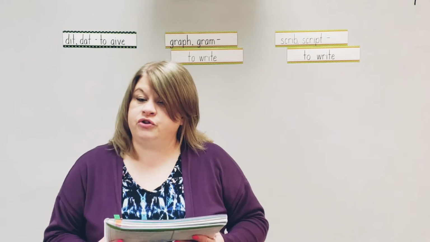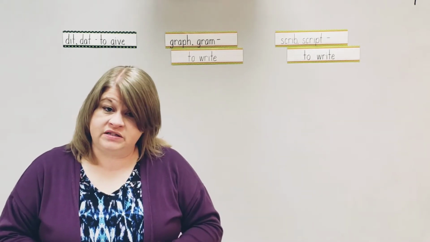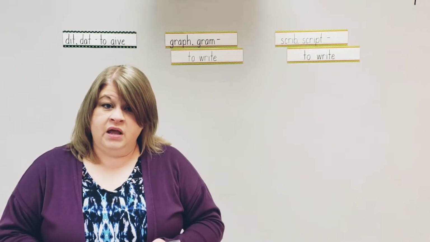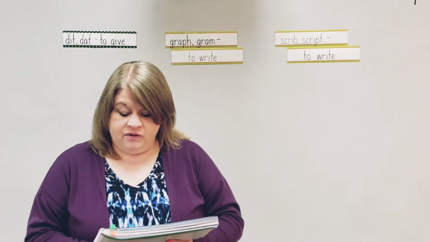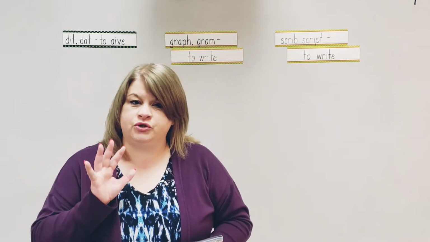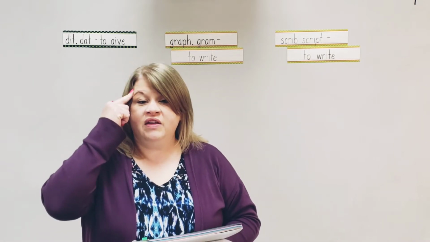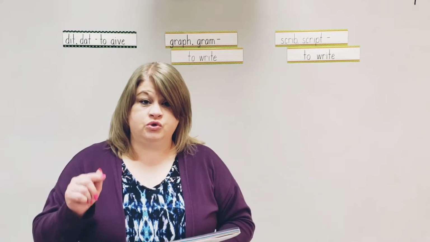So you're going to take your 10 words in the word list. You are going to sort them so that they go in the right place. You're going to do that with the 10 of them. Then you are going to have 5 extra spaces. I want you to put on your thinking cap. Think of some words that you know that contain those roots.